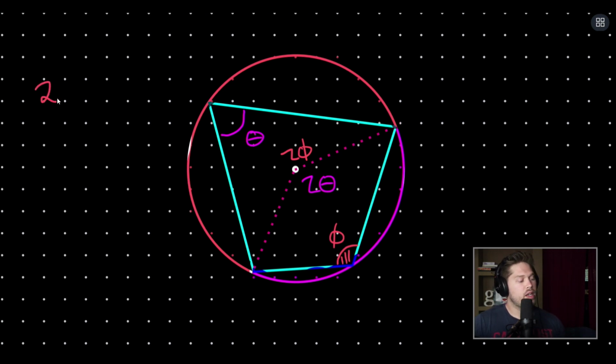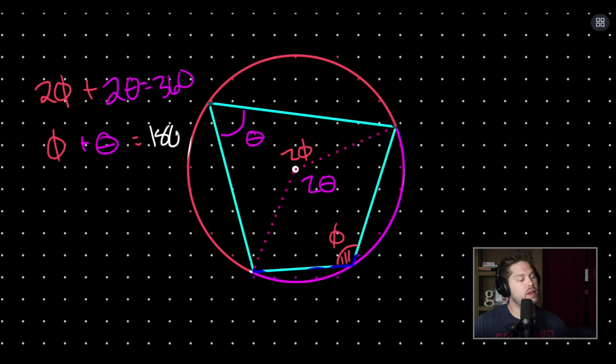Also notice that 2 phi plus 2 theta equals 360 degrees. And if we divide that by 2, we'll have theta plus phi is equal to 180 degrees. Therefore, opposite angles in a cyclic quadrilateral are supplementary. They add up to 180 degrees.